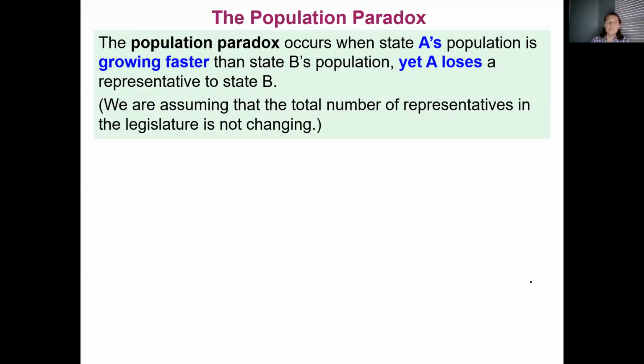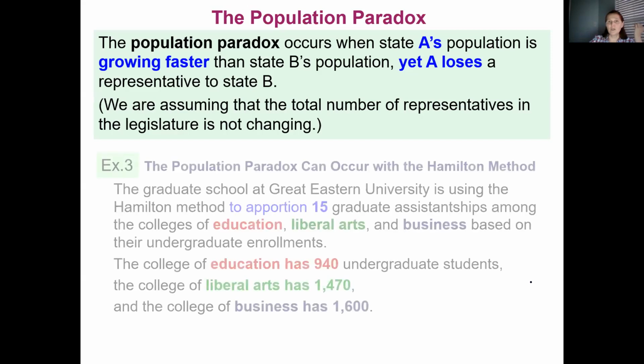We have already studied the Alabama paradox. Now we consider one more paradox, the population paradox. It occurs when state A's population is growing faster than state B's population, and yet A loses a representative to state B. We are assuming the total number of representatives is not changing.